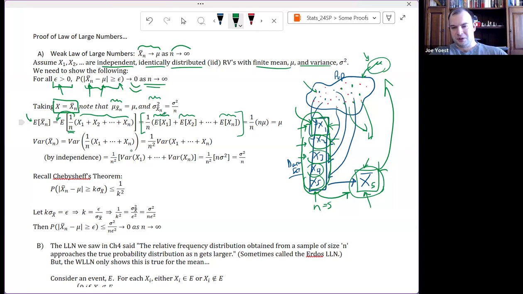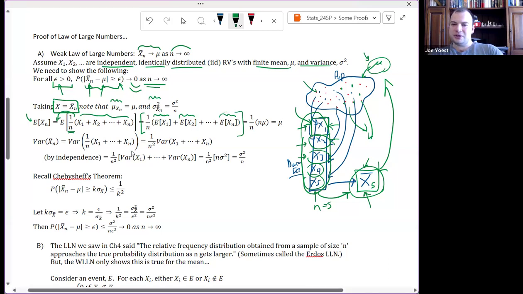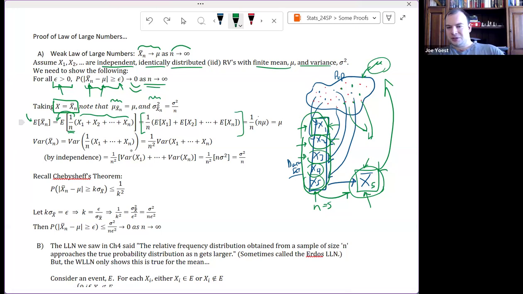So this is just mu plus mu plus mu, n times, so it's n times mu. This is mu plus mu and so on all the way out with a 1 over n in front. 1 over n times n mu equals mu. So in a sense, the average of our averages is the population mean.